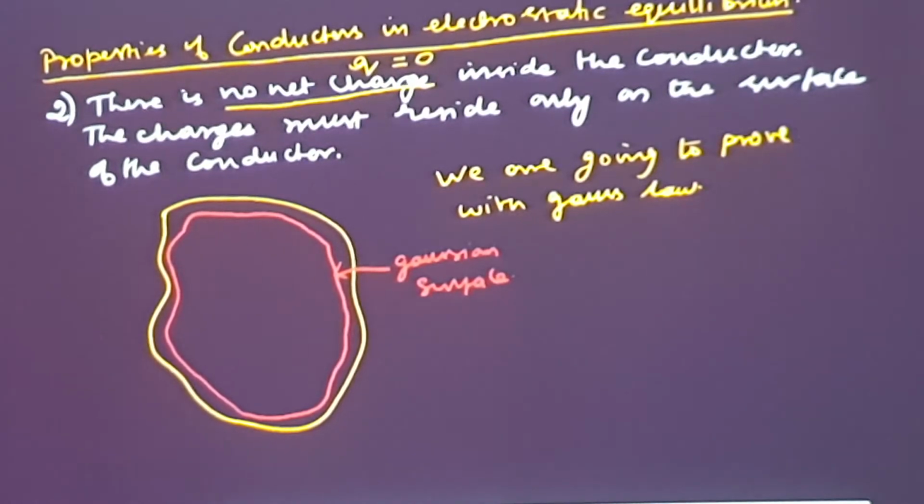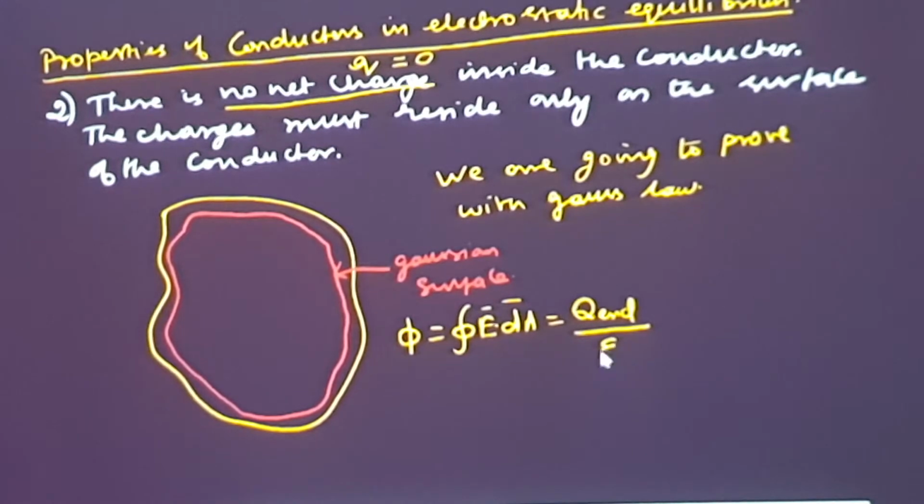The flux through the Gaussian surface is given by phi is equal to closed integral of E vector dot dA vector, or Q enclosed divided by epsilon naught. This we have already studied in our previous videos with the help of the Gauss law.